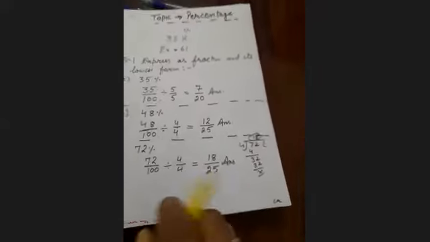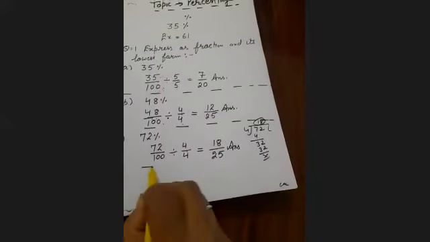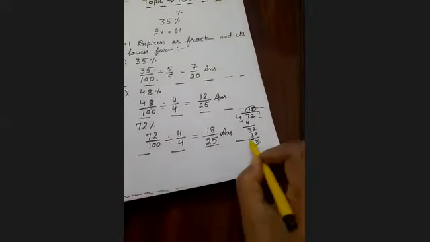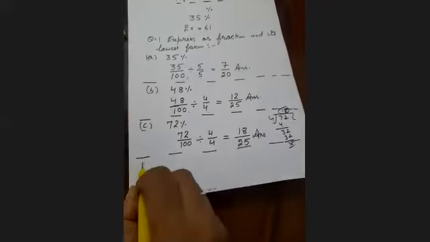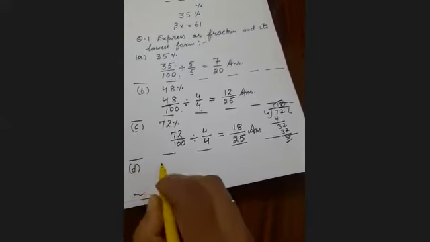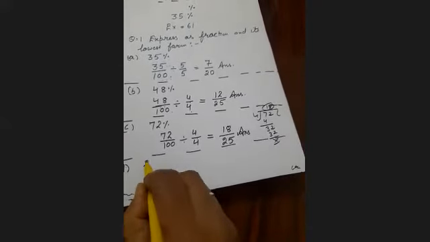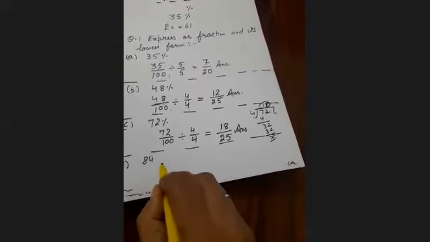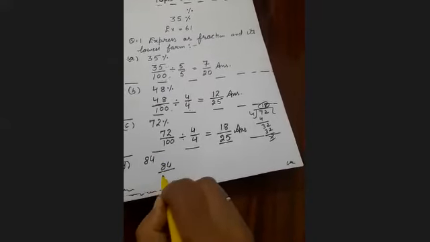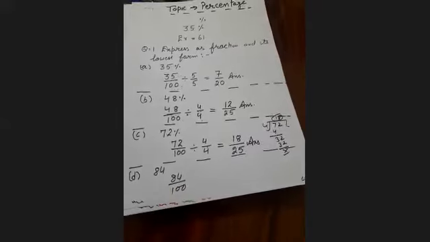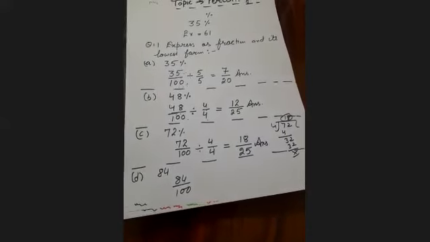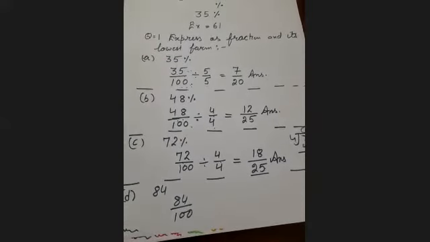Next is part D. Part D is 84%. Again, same method, 84 upon 100. Now convert into its lowest term.